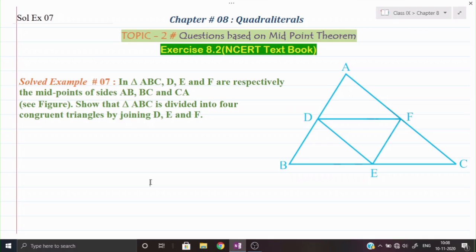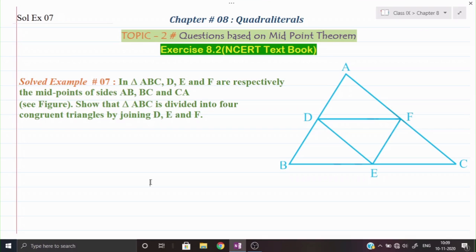Means you have to prove that triangle ADF, triangle BDE, triangle DEF and triangle CEF are all congruent to each other. So let us see how we can prove it.